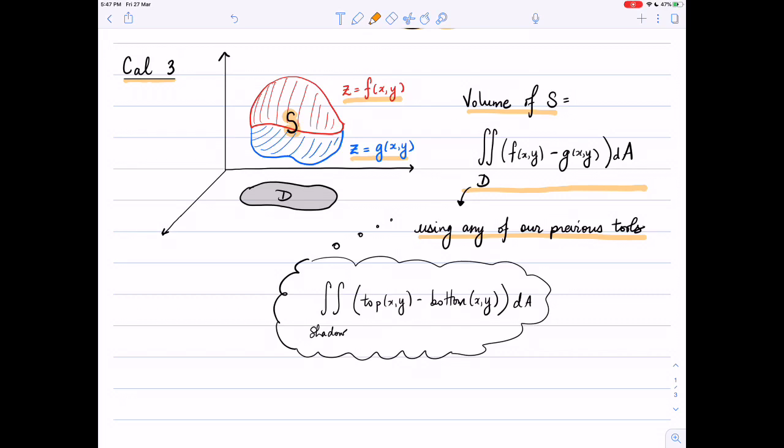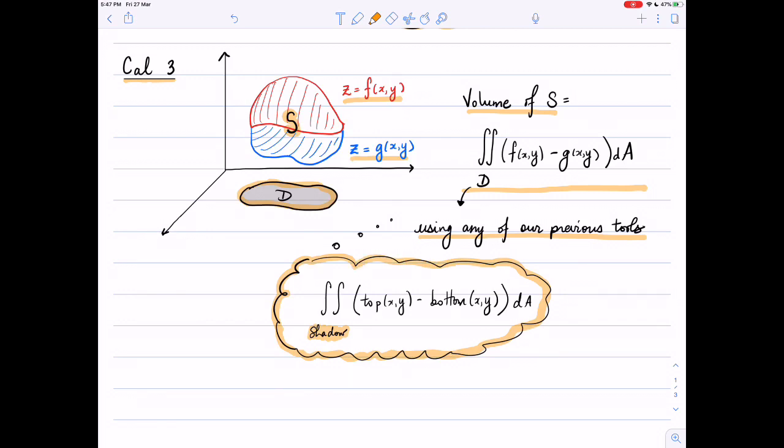So let's talk about this D. D is this region here, which corresponds to the shadow of the solid on the xy plane. And so the memory aid formula, the informal way of remembering how to find the volume of this solid, is here.